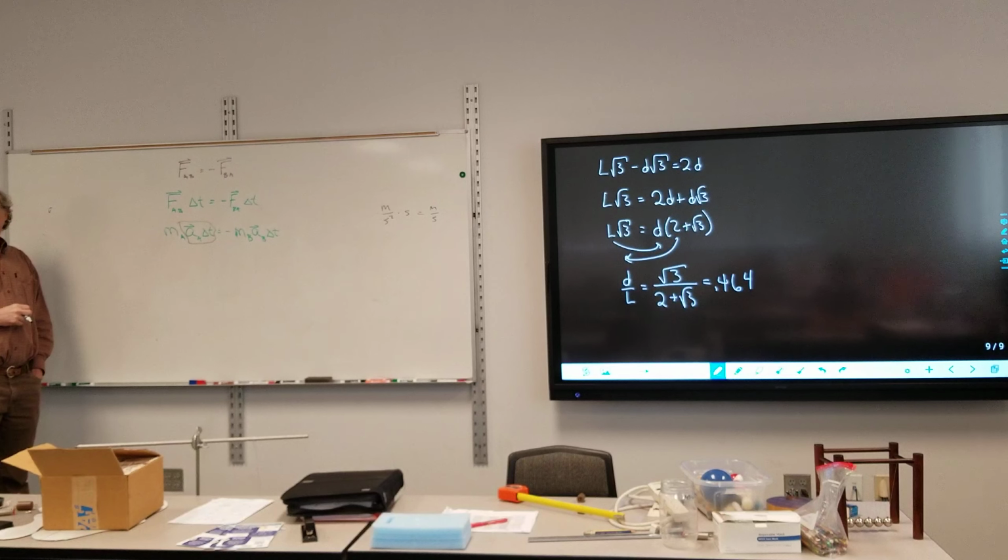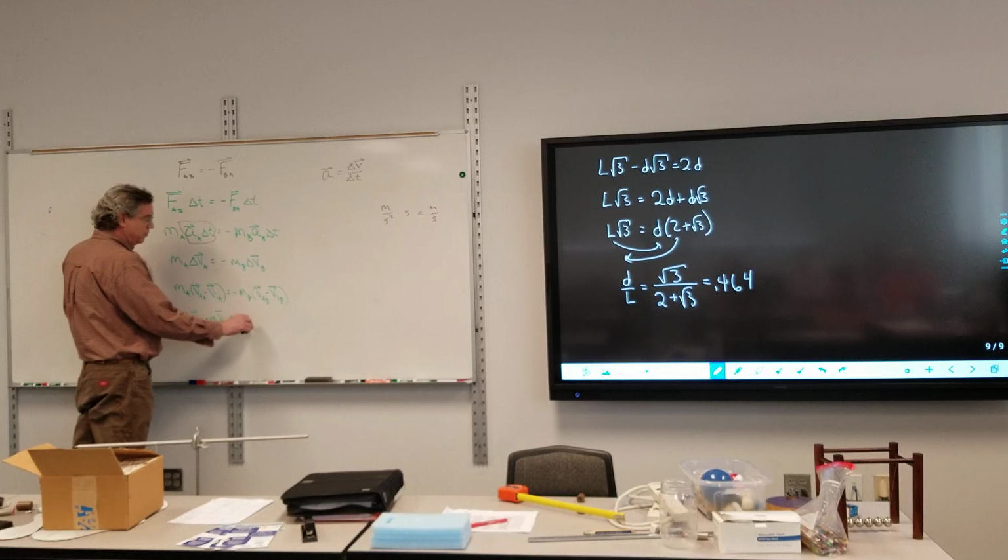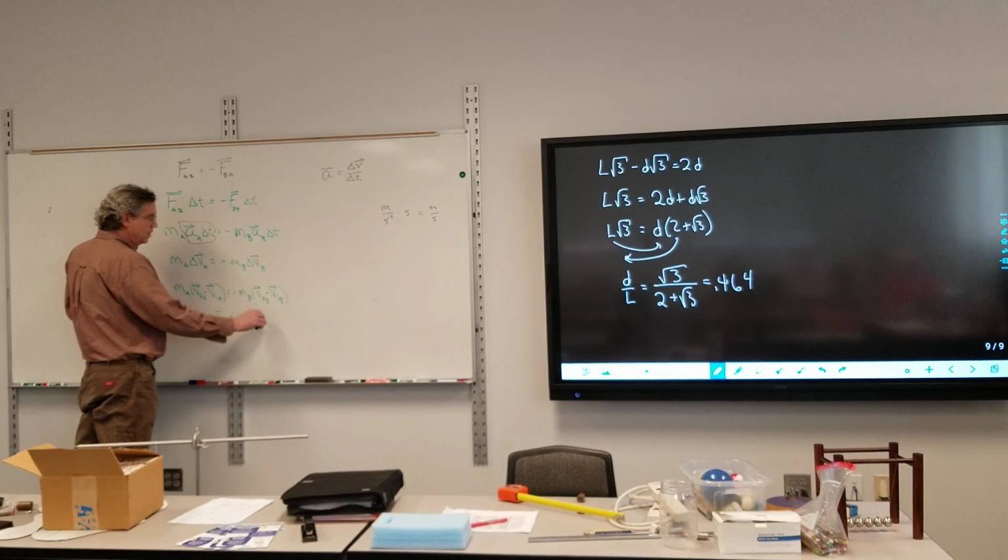Mass of A, V final A, minus mass of A, V initial A. This is the longest of all the lines we're writing. Minus mass of B, V final B, plus mass of B, V initial B. Quick check.